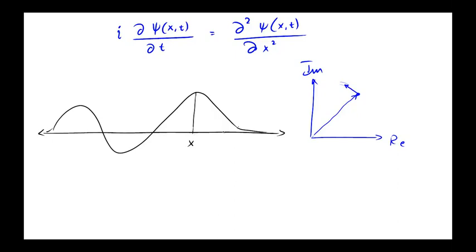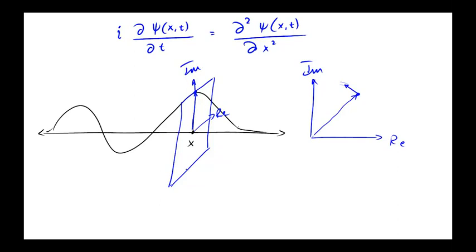Okay, so now think of it this way: at every point, the amplitude is not real, it's actually a complex number. So what you really have at every point is a complex plane, and your amplitude is some complex number in this complex plane. So that's real, that's imaginary, and let's say the amplitude happened to be imaginary right now. But now what happens is the amplitude starts precessing.